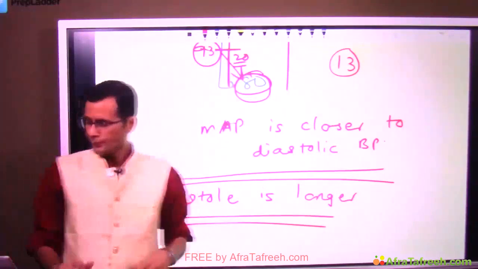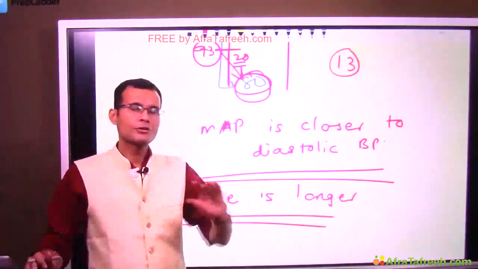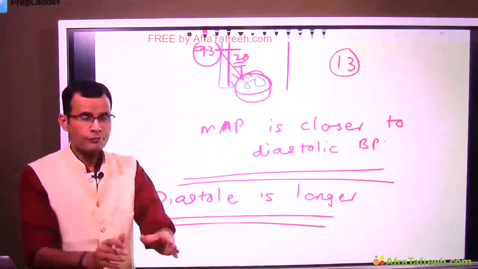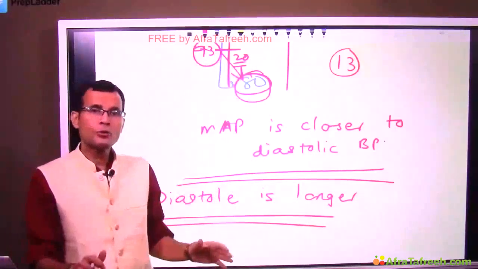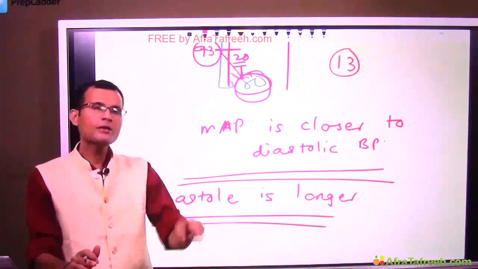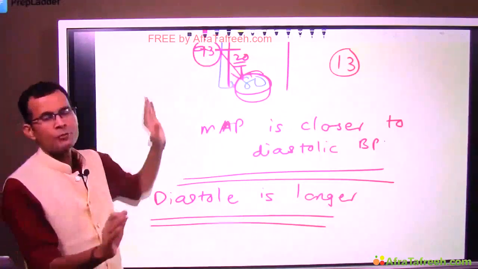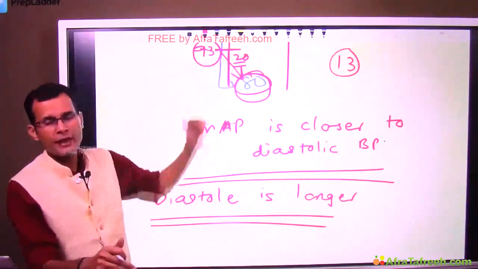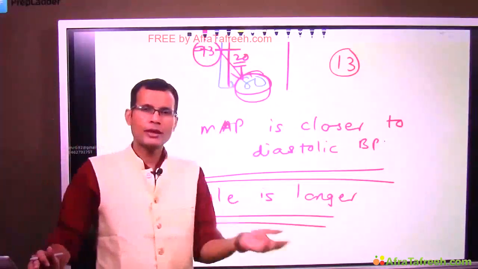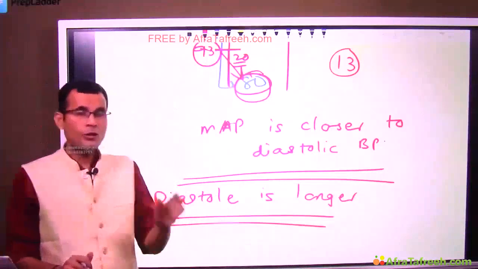Imagine, normally in a cardiac cycle, systole is for 0.3 seconds, diastole is for 0.5 seconds. If the systole and diastole were for 0.4 seconds each, then the average pressure would be 100. I mean, the exact equidistant, because their durations are the same. But that's not the case.